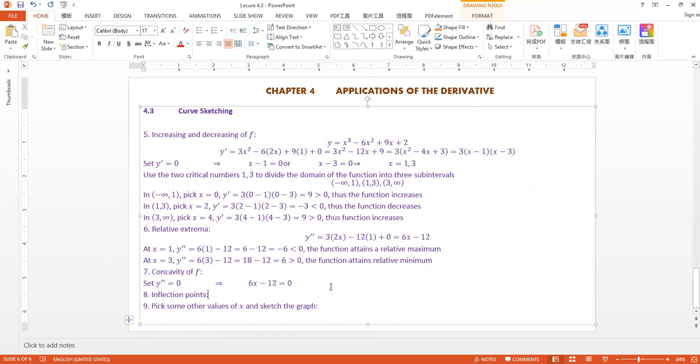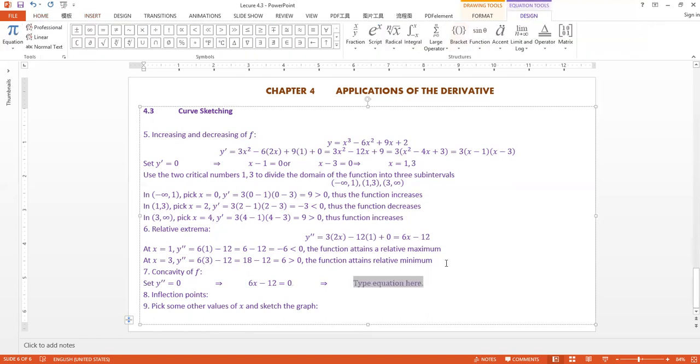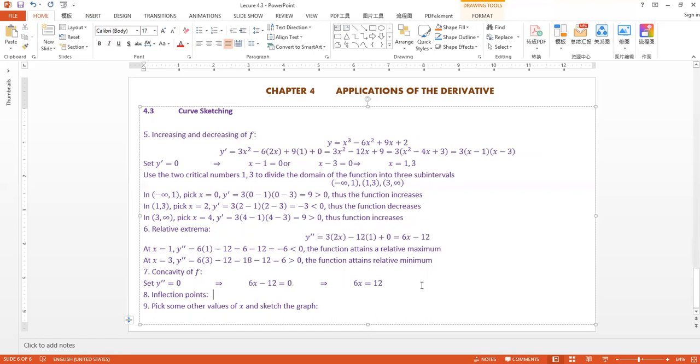So you can easily solve the equation to find what x equals. You can move 12 to the right hand side, so we get 6x equal to 12, and then you divide by 6 on both sides.